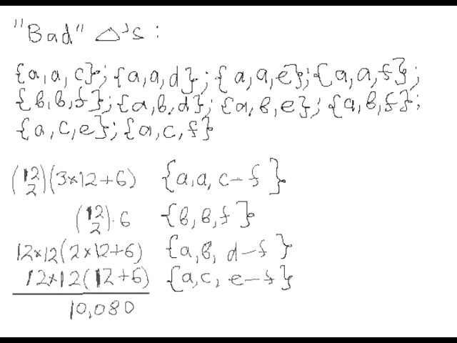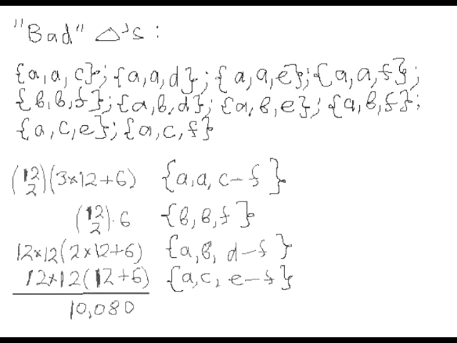The total of these types of triples is 12 choose 2 times 12 times 3. Then we need to add the case AAF, which adds the number equals 12 choose 2 times 6. Then the case BBF adds another number, 12 choose 2 times 6.